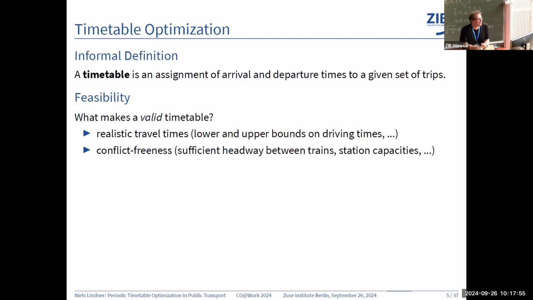Minimize travel time. Okay, that's okay. One more. Okay, there was also William.